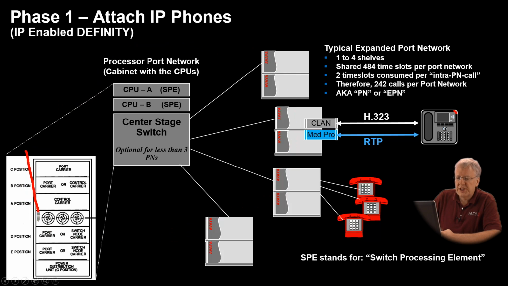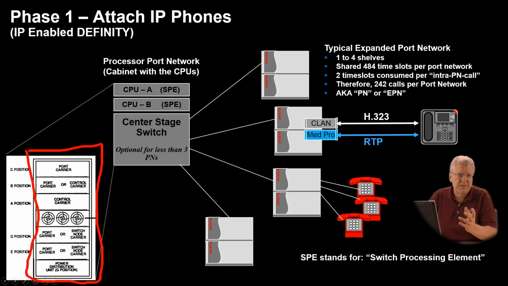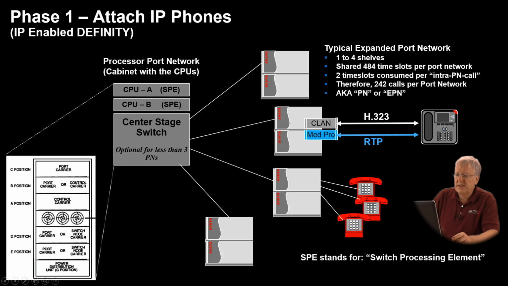Well, a large switch cabinet, which Avaya likes to call their cabinets carriers, would contain two CPUs in a redundant system so that one would be active and one would be in standby. And then there would be a center stage switch, which was a switch of switches. It would interconnect things called port networks.